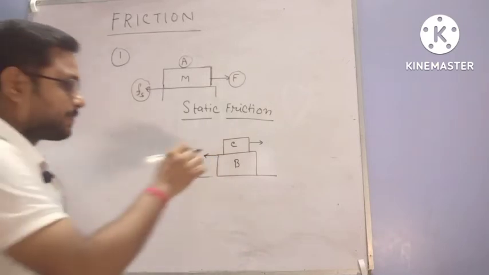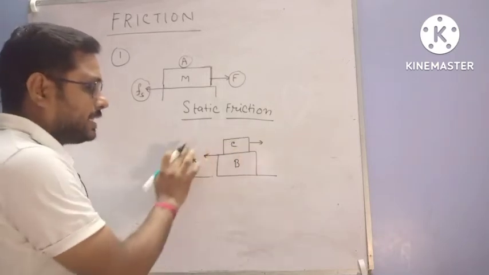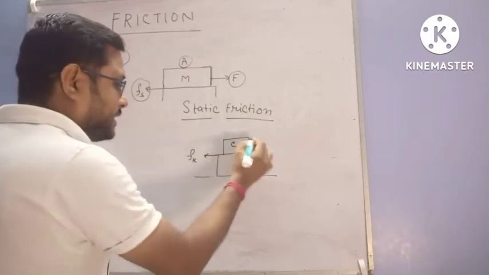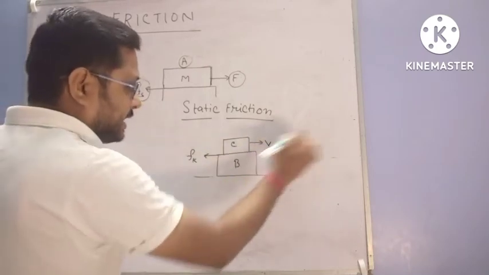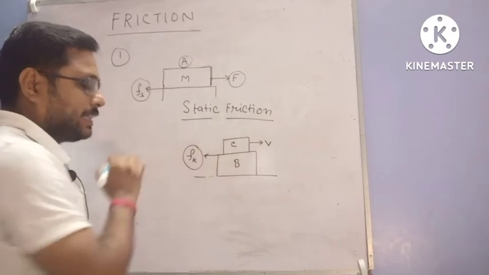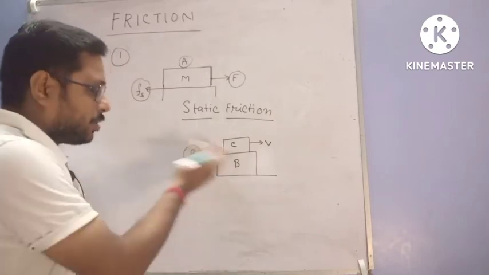If C only tends to move, then it is static friction. If C moves with velocity v in this direction, then kinetic friction will arise just opposite to it.